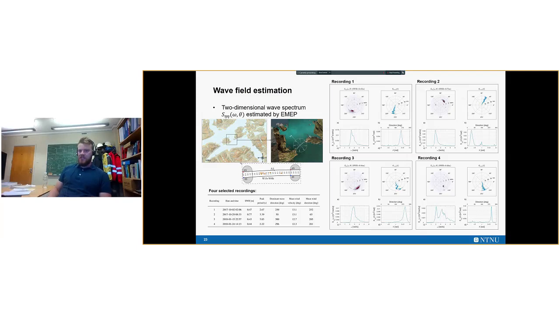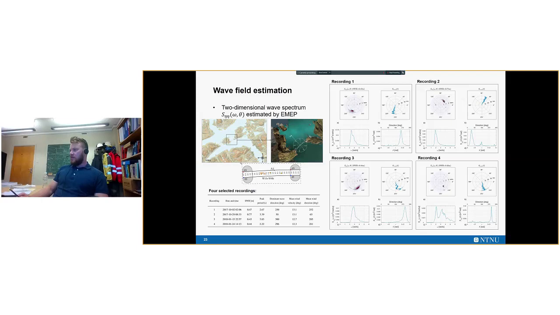And these different recordings testify to a quite large variety of wave conditions that can occur at this bridge site, which is perhaps something we would not have known without having this wave data.